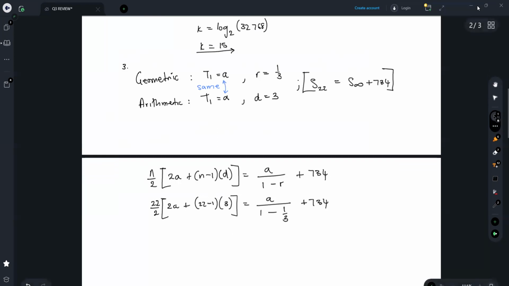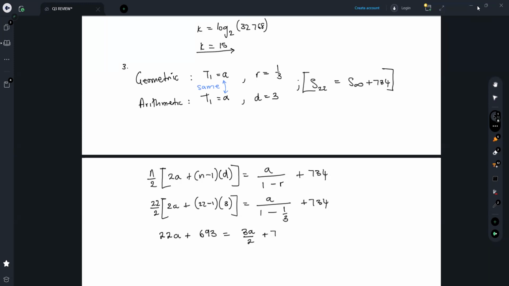If I multiply out the bracket with 22 over 2, I end up with 22a plus 693. On this side, if I solve the denominator, I have 1 minus 1/3, which gives us 2/3, and a divided by 2/3 simplifies to 3a over 2.